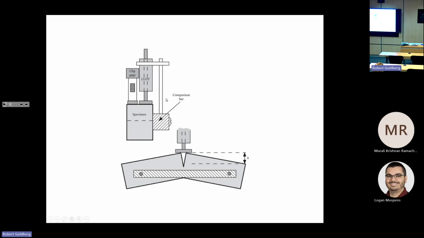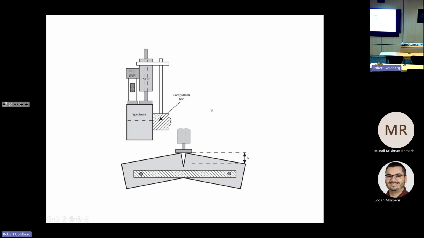So the crack mouth opening displacement is inferred by the clip gauge attached to the knife edges, as we talked about. And the knife edge height has to be accounted for when computing the relevant toughness parameter. And you can also have this comparison bar attached here and attached to your LVDT, which can measure the load line displacement. And this is just one example of a variety of things which are available.